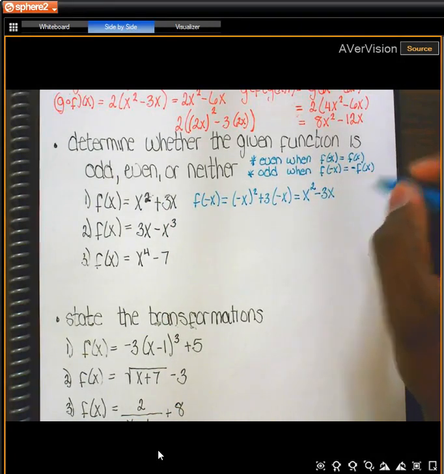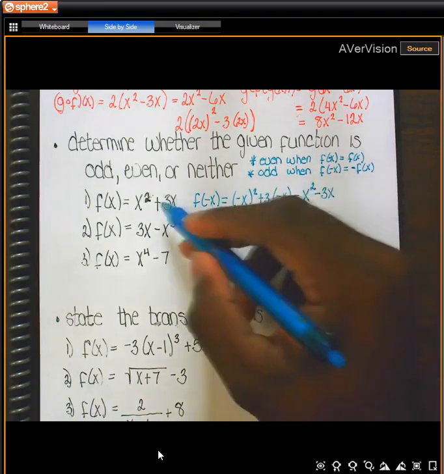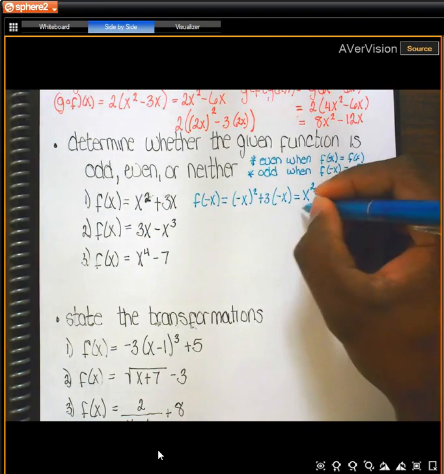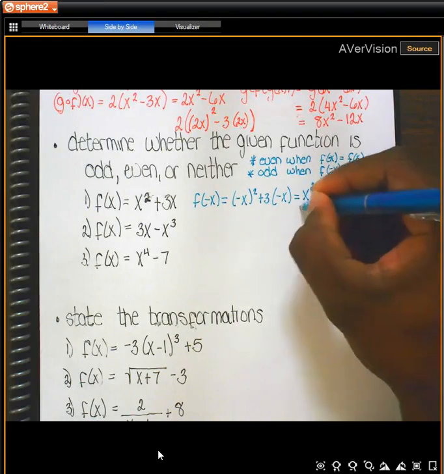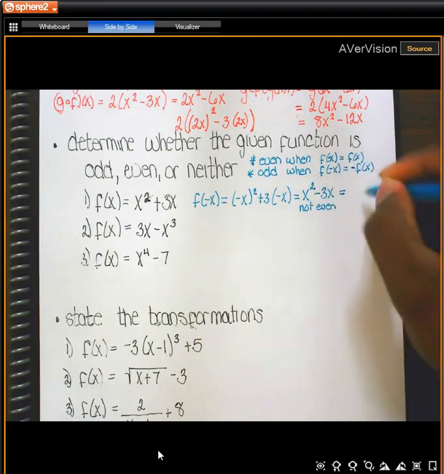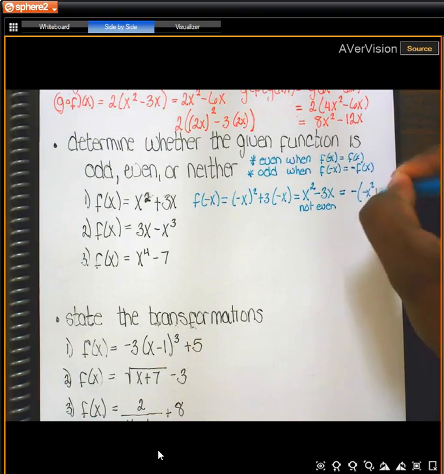So next thing is to factor out a negative to see if it's equal to this with a negative on the outside. So if we factor out a negative, we get negative x squared plus 3x.